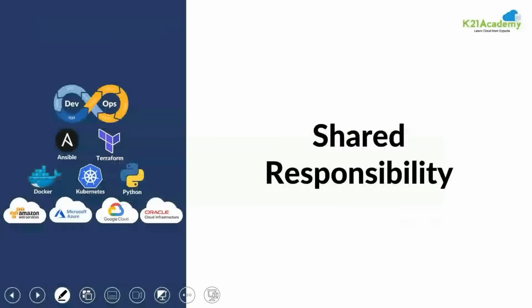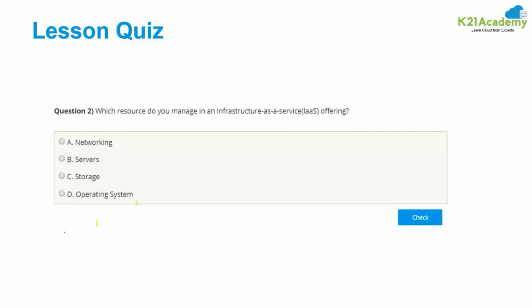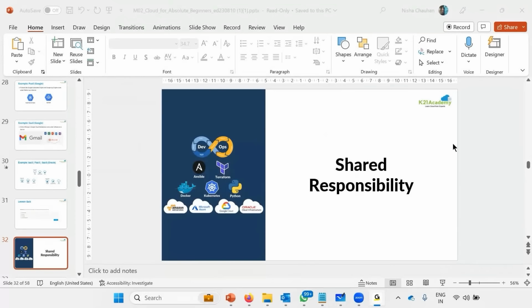The answer is operating system. The server hardware is managed by the cloud service provider. It is you who will be worrying about the patching of the operating system and all. D is the right answer.